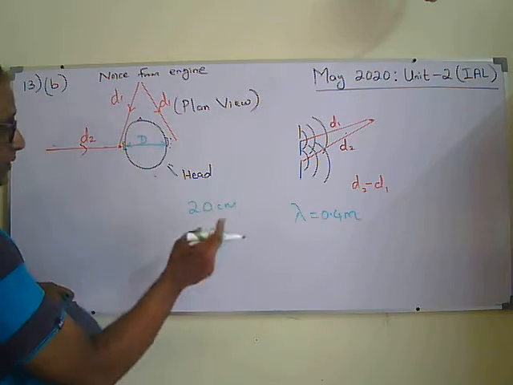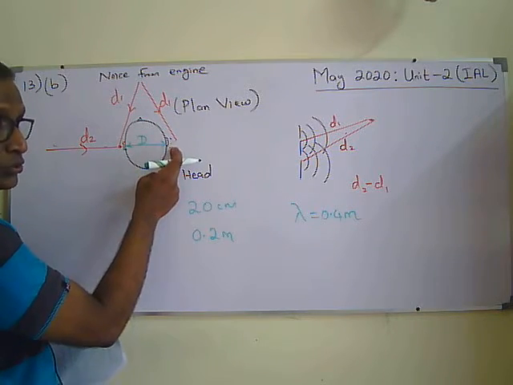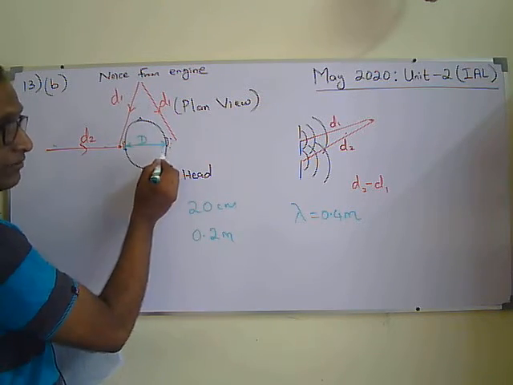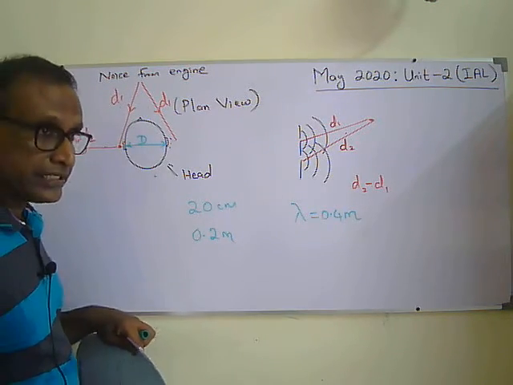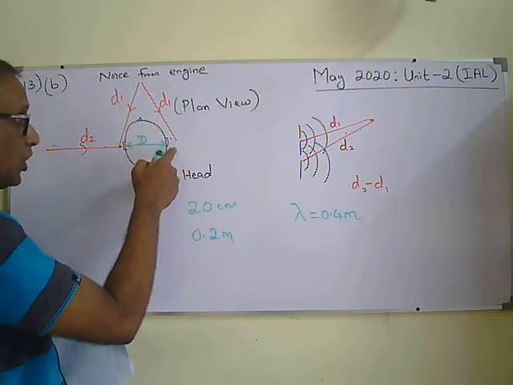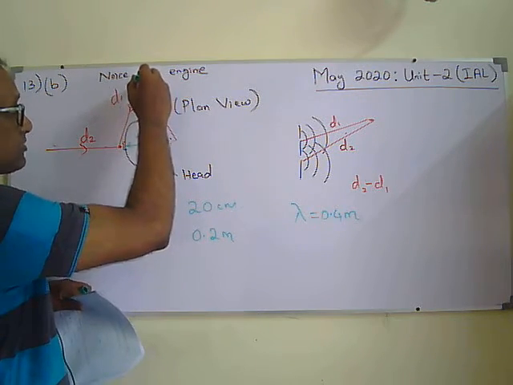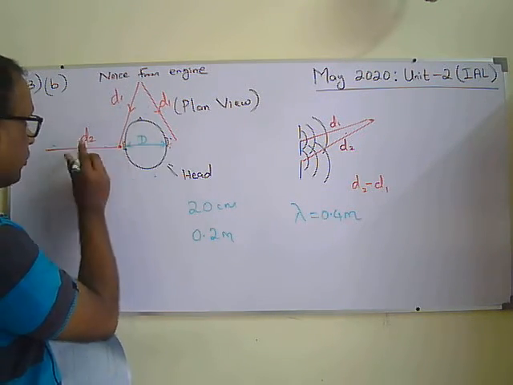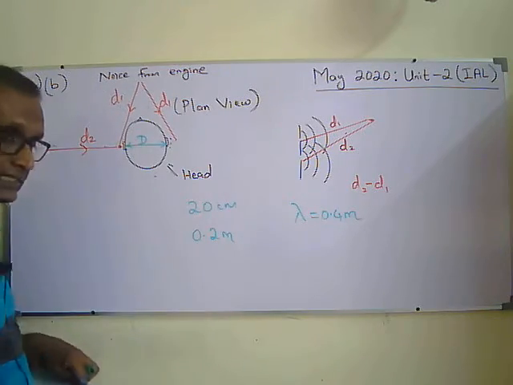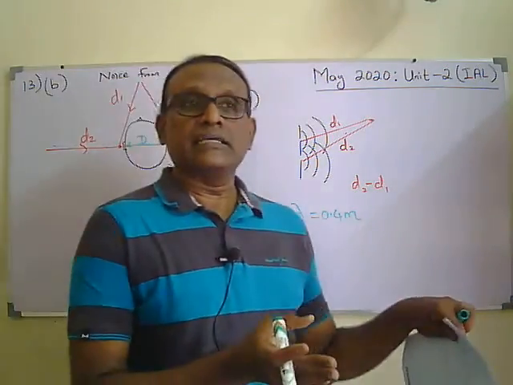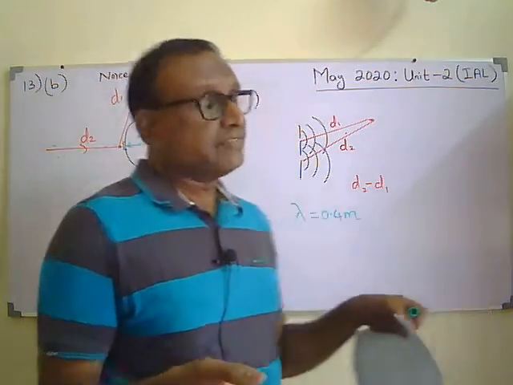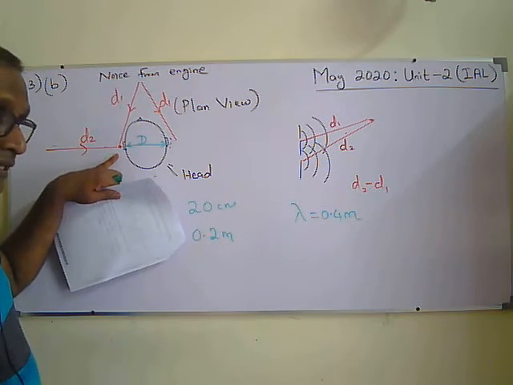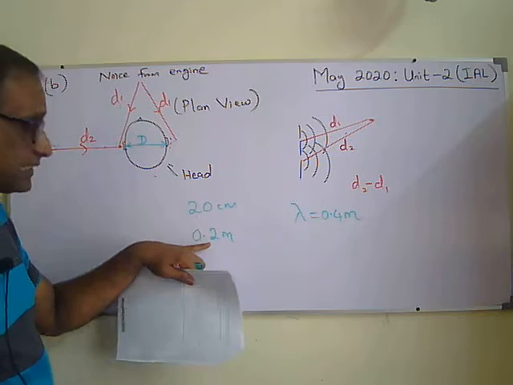But for the other ear, there is an additional lambda by 2, because a 0.2 meter head gives an additional path difference of lambda by 2. So if the path difference is lambda by 2 for the first ear, it's going to be lambda for this ear. If it is 3 lambda by 2 here, it's going to be 2 lambda because of the additional path difference.